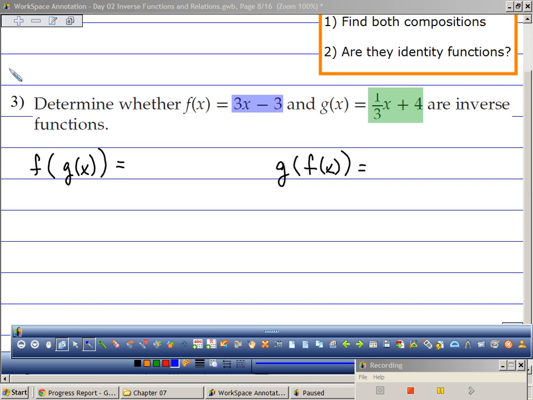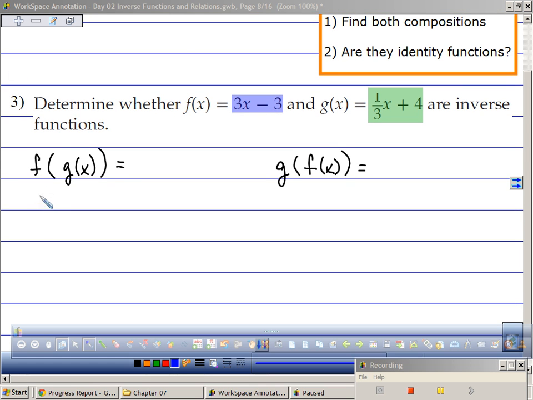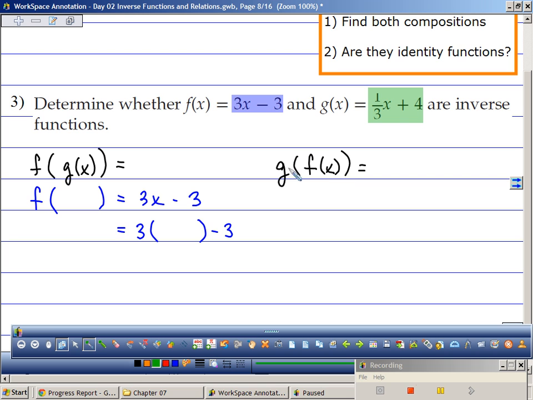I'm finding this is much easier if I just put the placeholders there. So this is the function of whatever's in here, right? Equals, what is the function of x? The f function? 3x minus 3. What do we normally do when we substitute in functions? Substitute in for that x, right? Let's do the same thing over here.